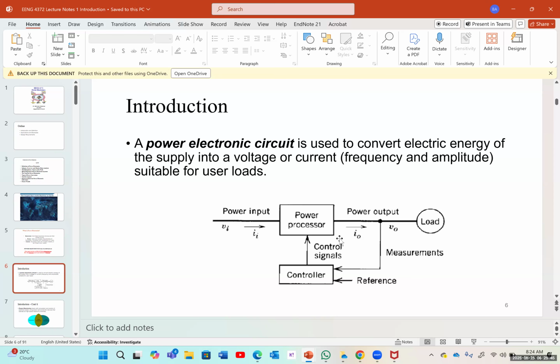So the power output, we get a sample for that. We give it to a controller, and the controller sends control signals to a power processor. From LIC, do you remember what type of system is this block?